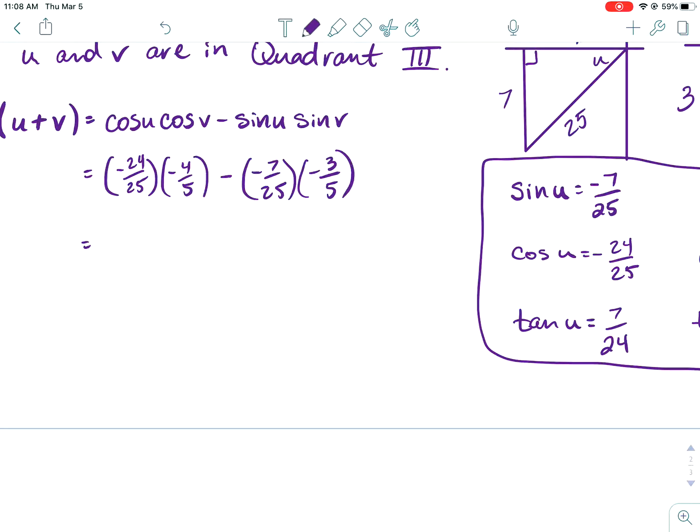And then from here, it's just multiplying fractions and adding them together. They're going to have a common denominator, so that's awesome. So we would just multiply across the numerator and across the denominator.